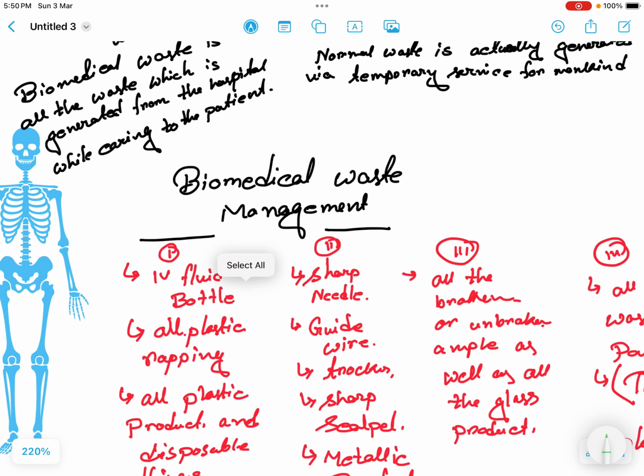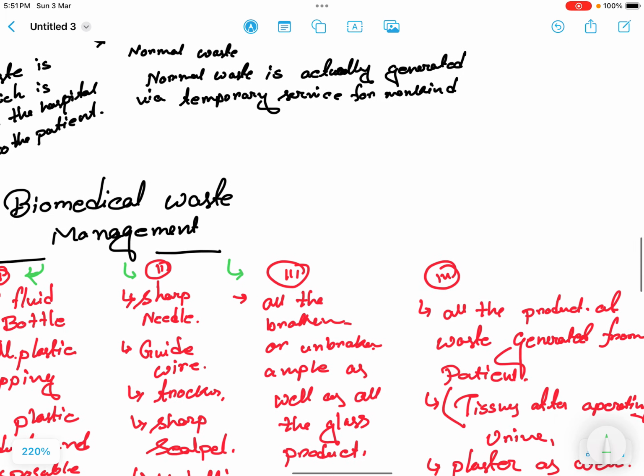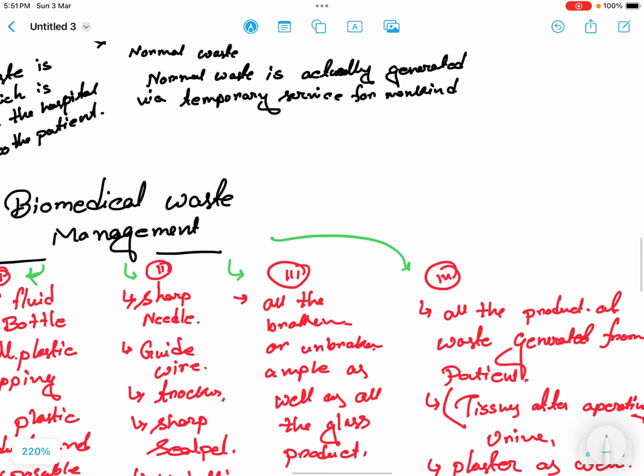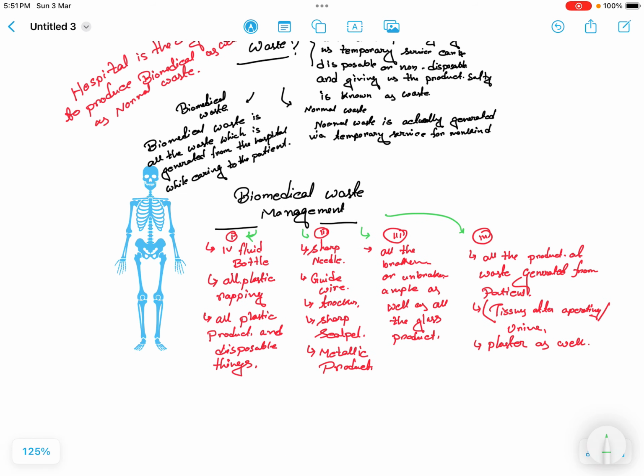Okay, so if we differentiated four columns for the four respective types of waste in hospital, we would like to dispose all the waste in particular boxes.